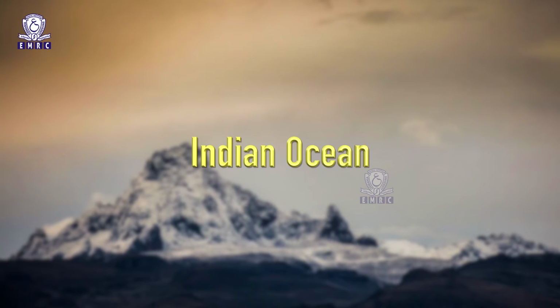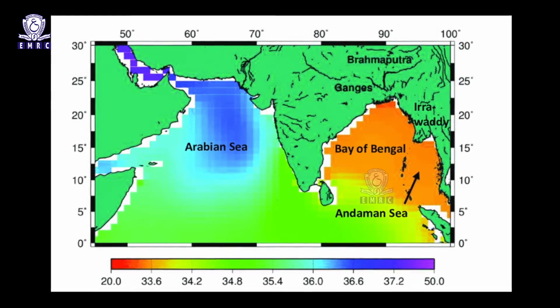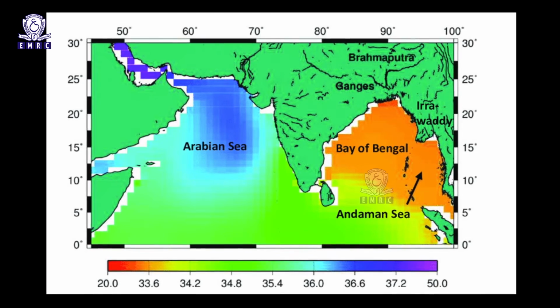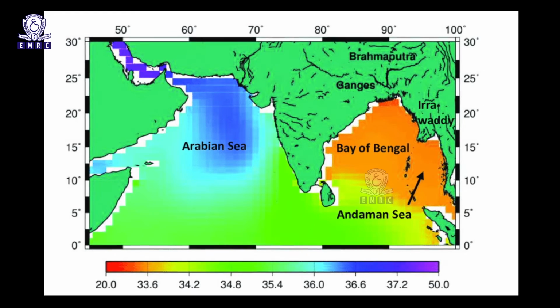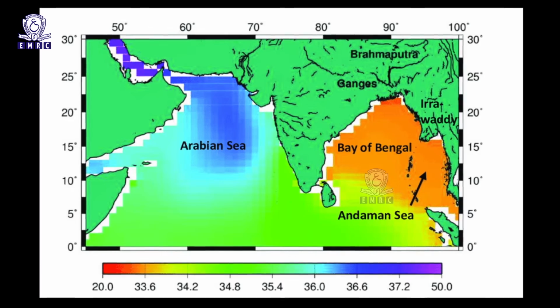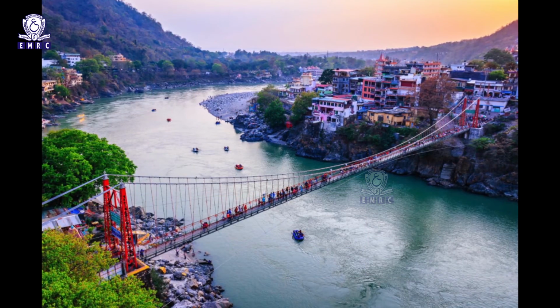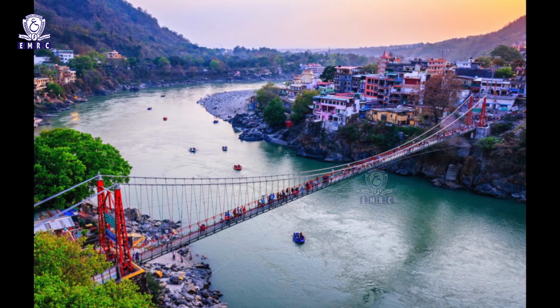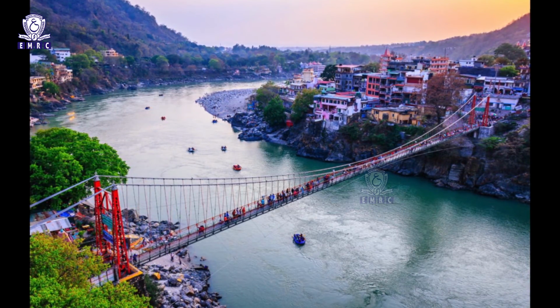Indian Ocean. The spatial distribution of salinity in the Indian Ocean is more variable and complex than the Pacific and Atlantic Oceans. An average salinity of 35 parts per thousand is found between 0 degree to 10 degree north, but it gradually decreases northward in the Bay of Bengal to 33.5 parts per thousand at 10 degree north latitude to 30 parts per thousand at the mouth of the Ganga, because of the influx of an immense volume of fresh water brought by the Ganga river.